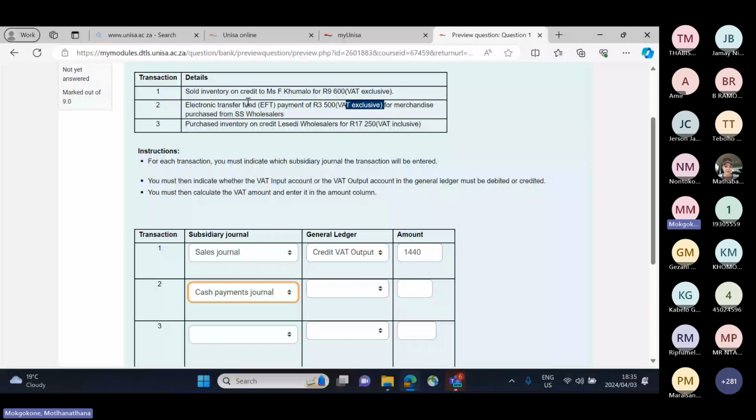Here the key word is purchased. Here the business purchases, then it will be our VAT input. Then you must tell us whether VAT input is debited or credited.